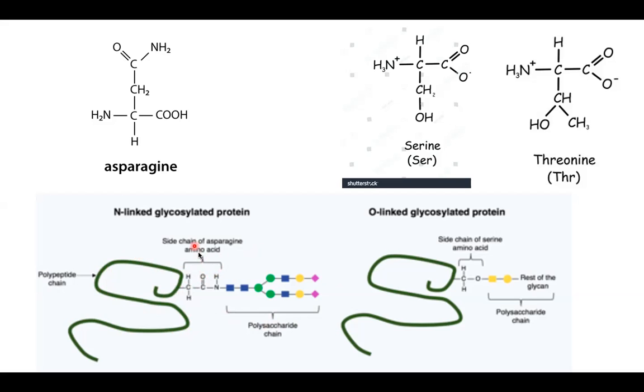There's two ways that a protein can attach to a sugar. One is called N-linked glycosylation, and another one is called O-linked glycosylation. What that means, N-linked glycosylation, means that I'm adding a sugar, glycosylating means adding a sugar, to nitrogen, specifically N. And you can see that over here. You see this N over here, and it's being attached to a sugar. So sugar is specifically attaching to nitrogen, and I call that N-linked glycosylation, okay?